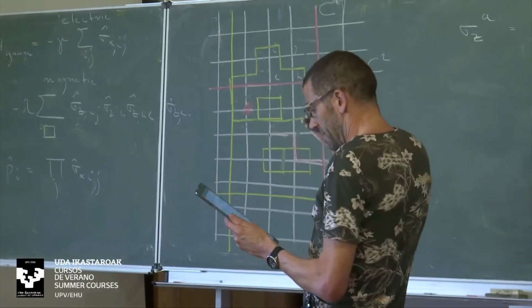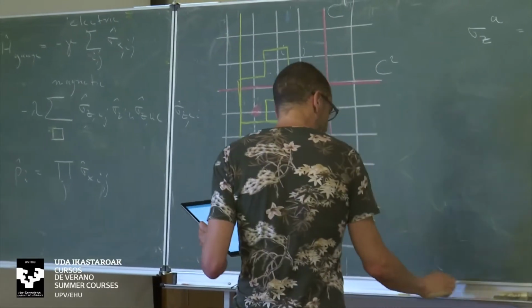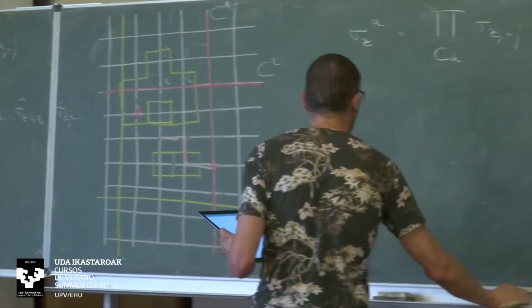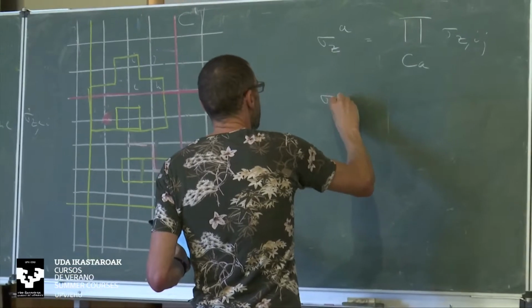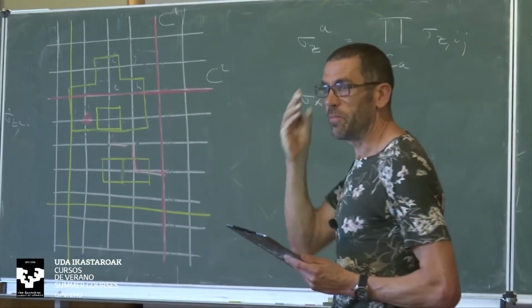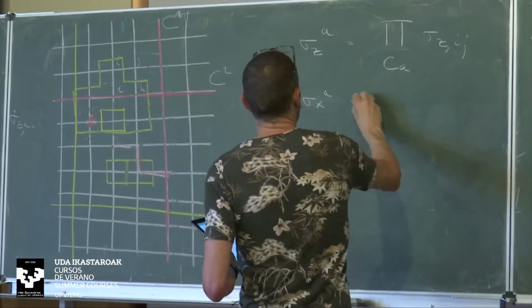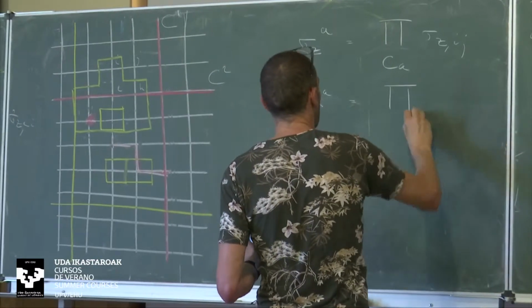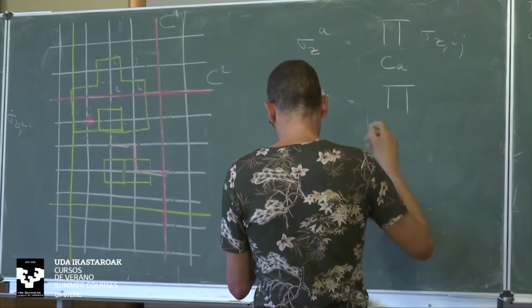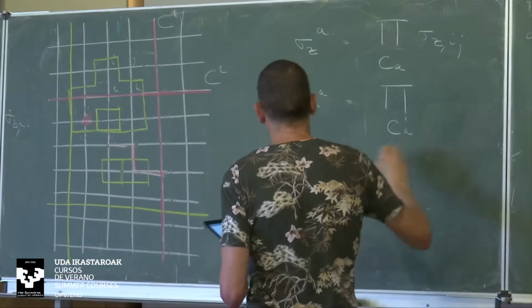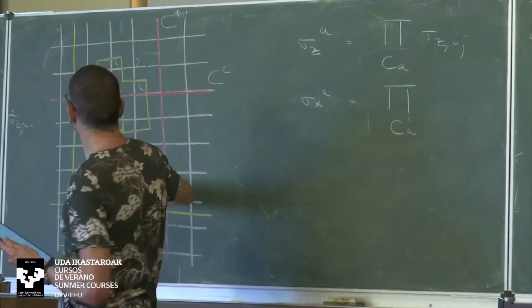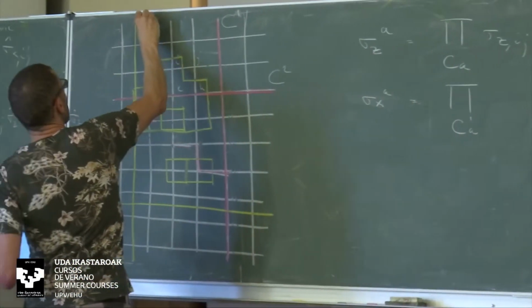I define the following. Sigma x A, and A also runs from 1 to 2, as a product over C A prime. This is C1 prime. This is actually C2 prime here.